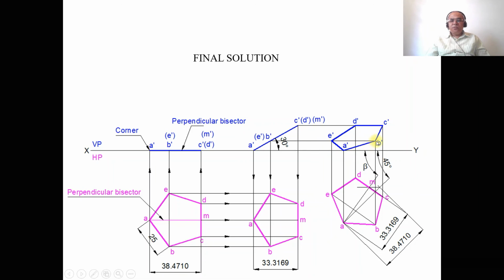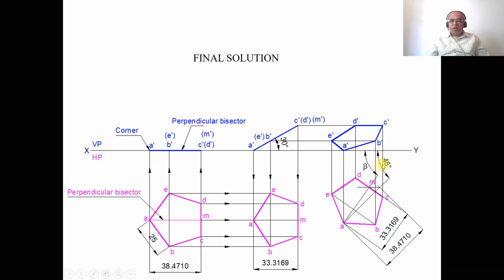Both these two lines will intersect at this point and also at this point, and you mark these points as B dash and E dash. Draw a horizontal projector from C dash and D dash, and draw a vertical projector from C and D. These will intersect at this point, which is C dash, and also at this point, which is D dash. Then join A dash to B dash, B dash to C dash, C dash to D dash, D dash to E dash, and E dash to A dash with a dotted line.